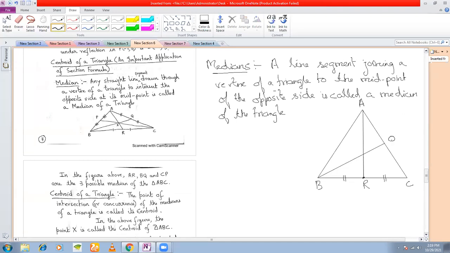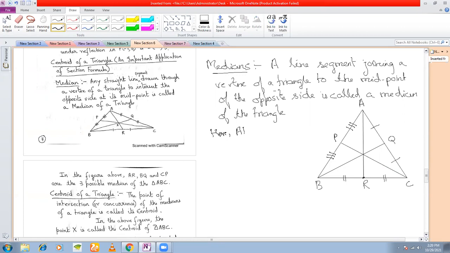Let us call this point Q. And I can have a third median. From C, I can join the midpoint of the opposite side AB, and let us call this point P. So here I have three medians.